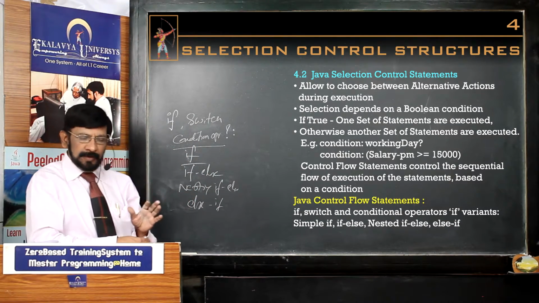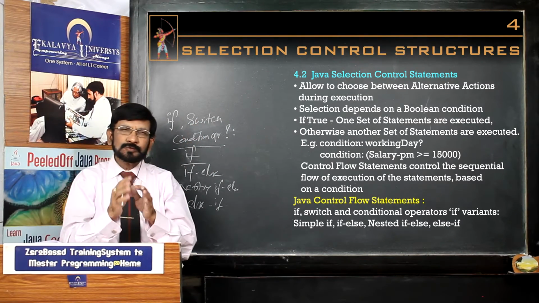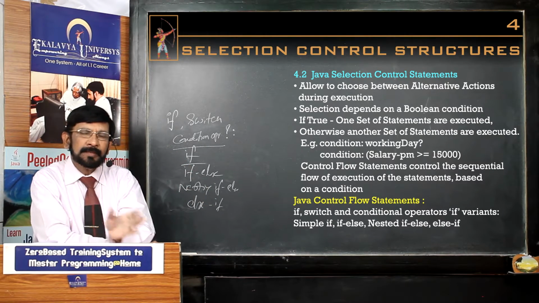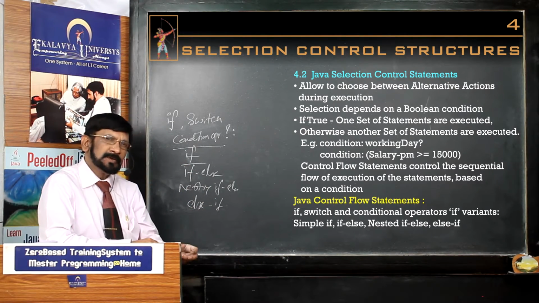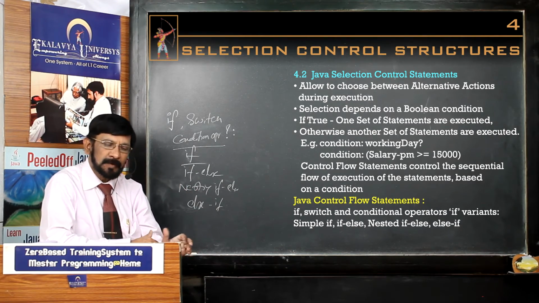If you achieve perfect command over all of them, then you can choose the right variant in a particular situation. By that, your program readability is improved and your program will become efficient. That point you have to understand.